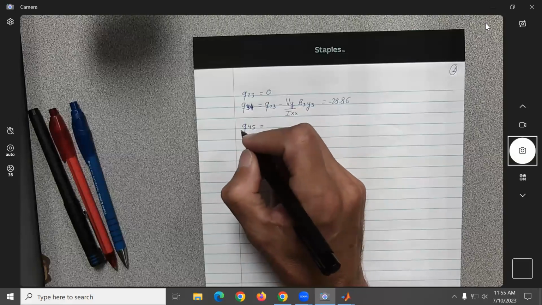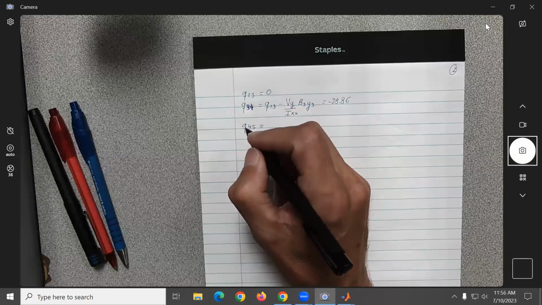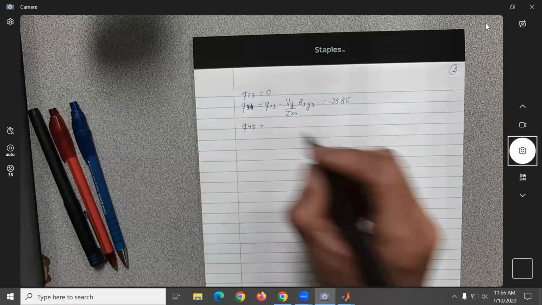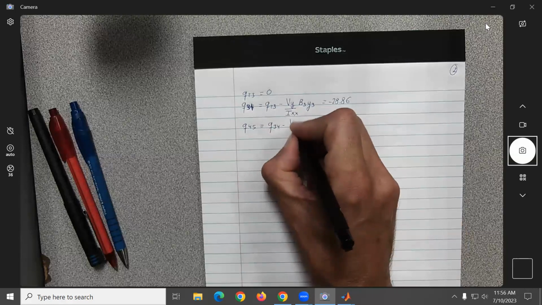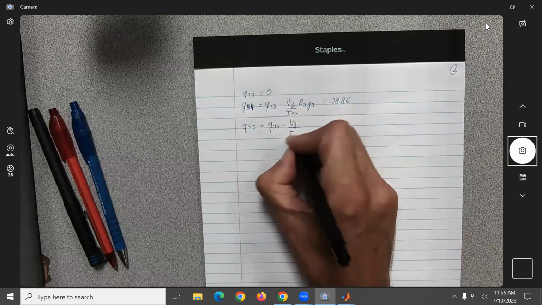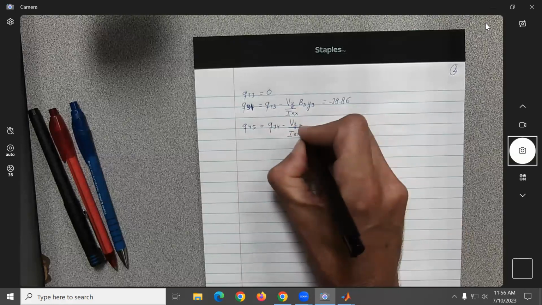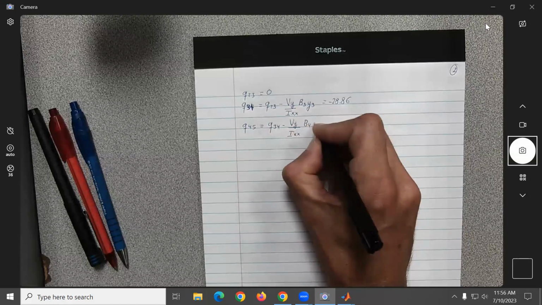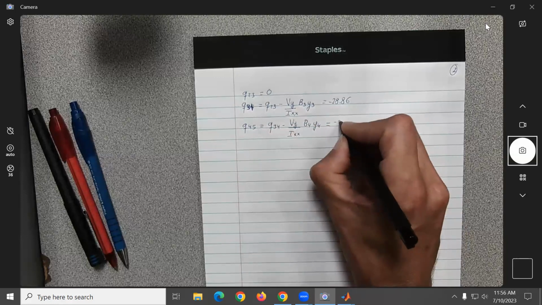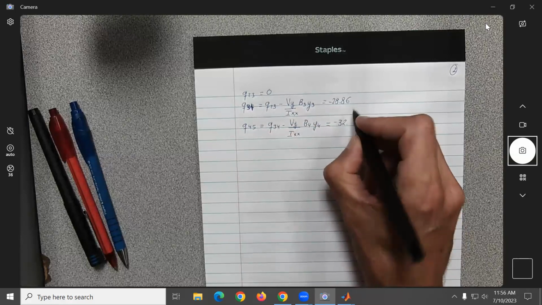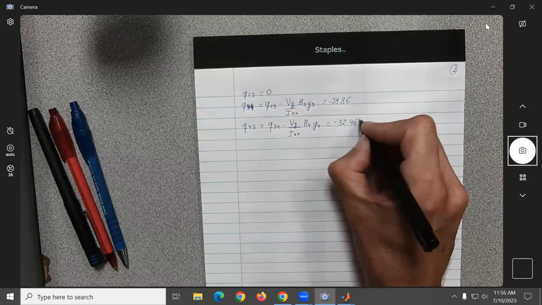Q45 will be Q34 minus Vy over Ixx times B4 Y4. This is equal to minus 32.4675.